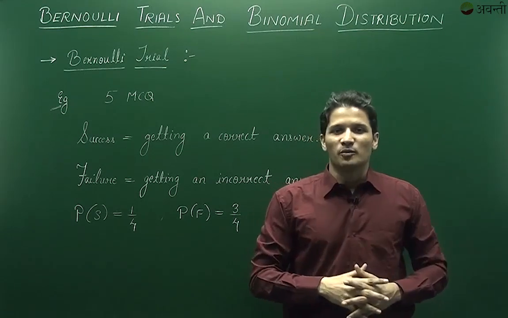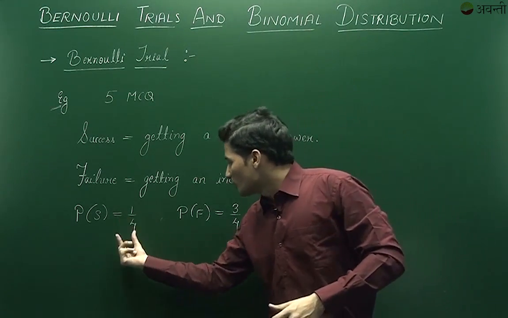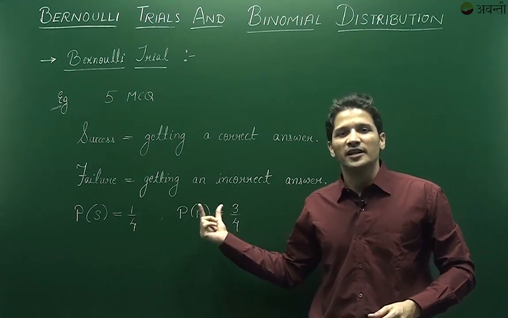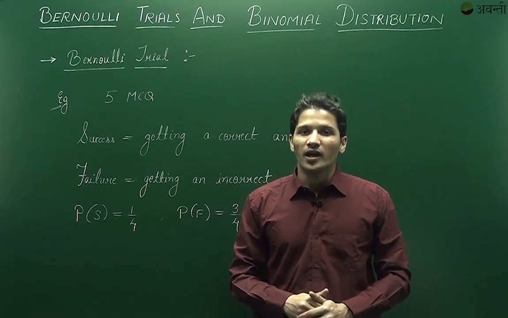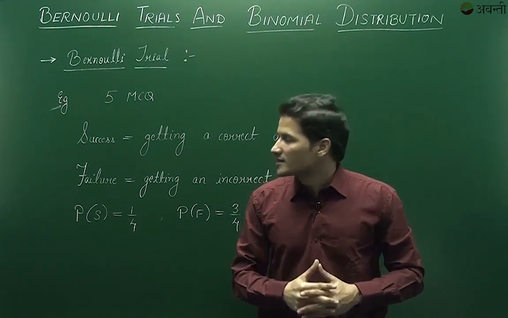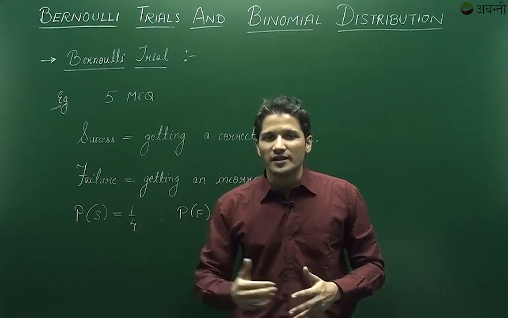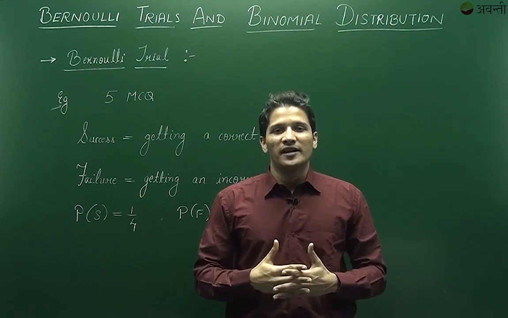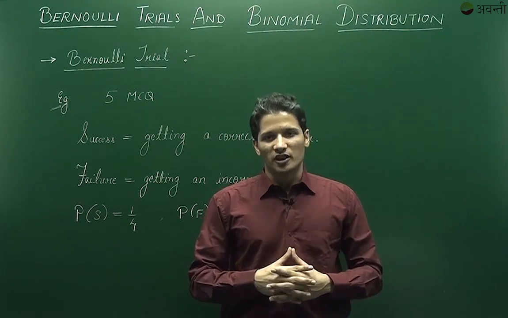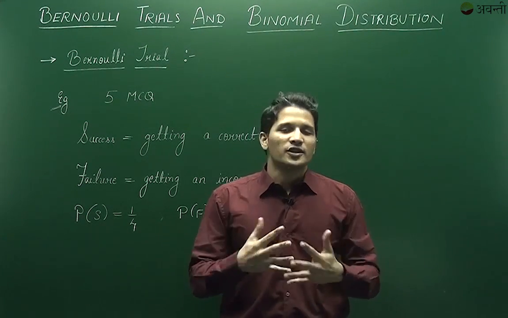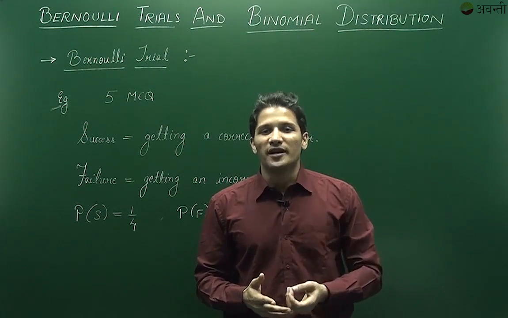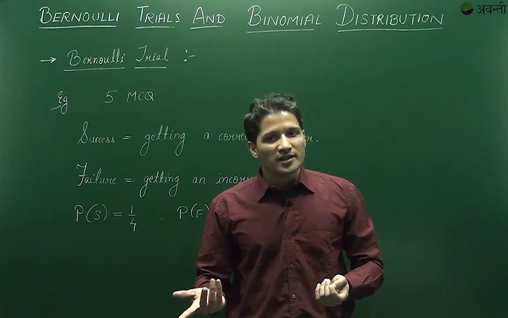In this case, the probability of success will be 1/4 and probability of failure will be 3/4, because there are 3 incorrect answers. Now, why did we define success and failure here instead of 2 events? The importance is that in many real life situations, there are 2 outcomes. Suppose you toss a coin and the outcome you get is a head, then the other outcome is a tail.